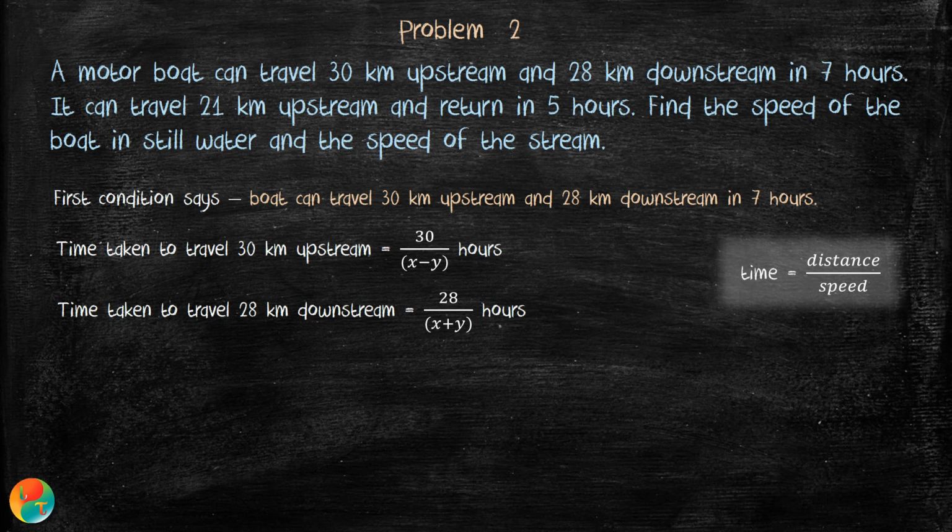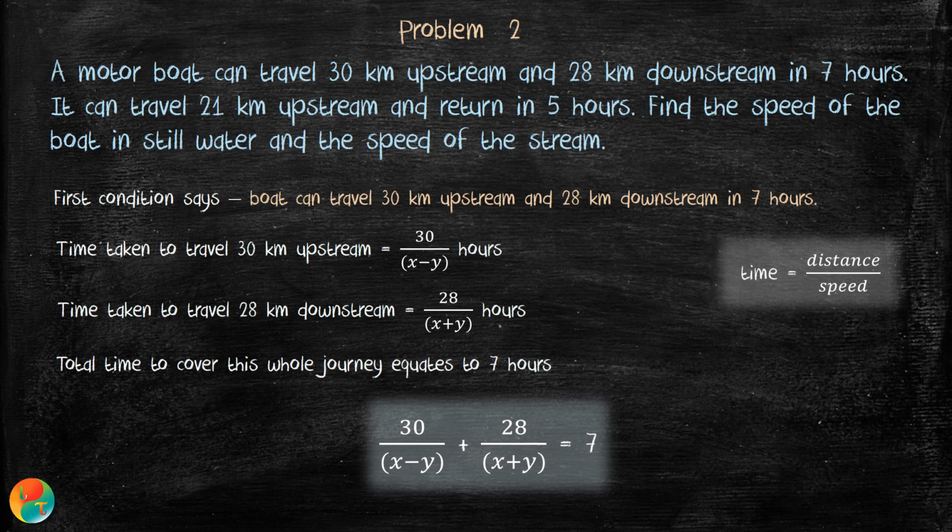Time taken to travel 28 kilometers downstream will be equal to 28 upon x plus y hours. And the total time to cover this whole journey equates to 7 hours. It means both of these times add up to 7. 30 upon x minus y plus 28 upon x plus y is equal to 7.